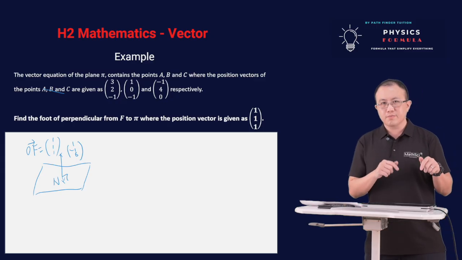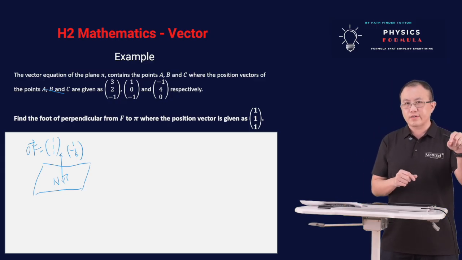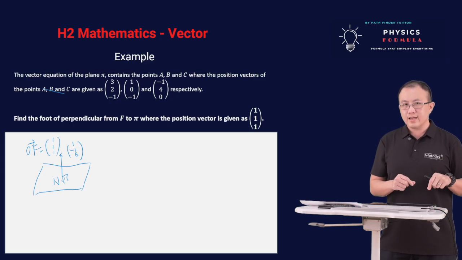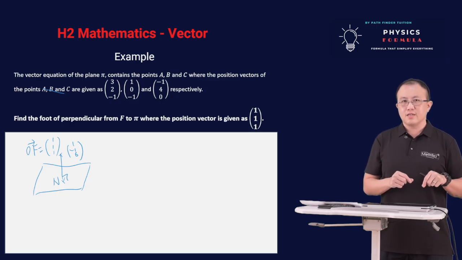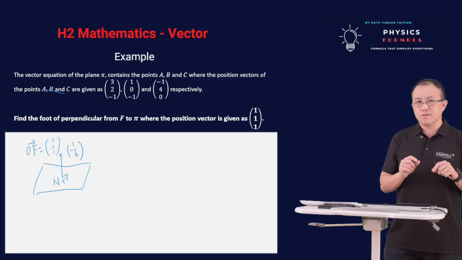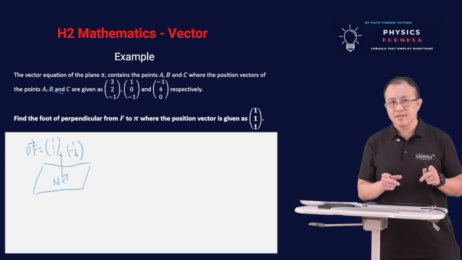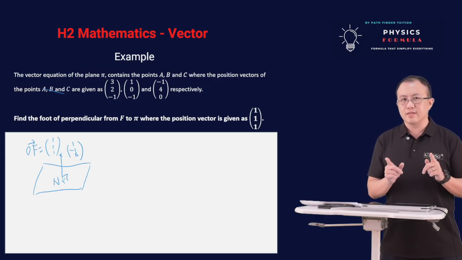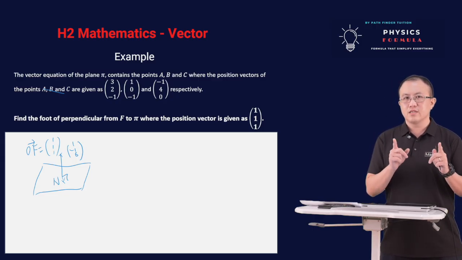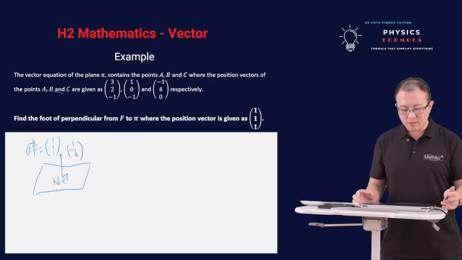And by this point, you might notice that if I drop down from F to the plane, point N must be on a line that is perpendicular to the plane. And if that's the case, you have to use the scalar product form because they will be perpendicular.